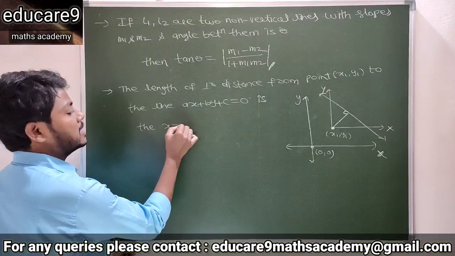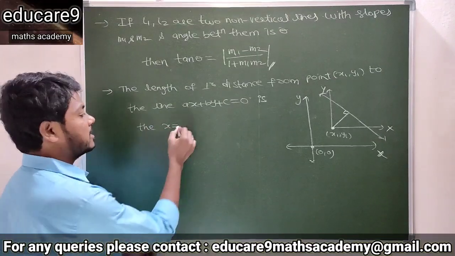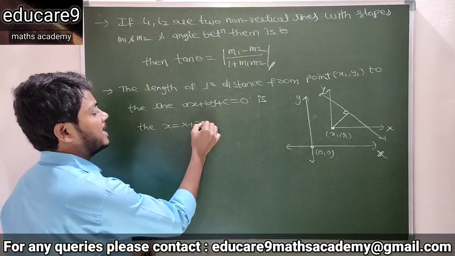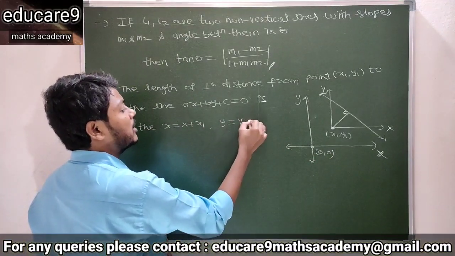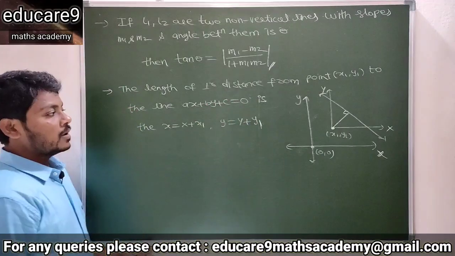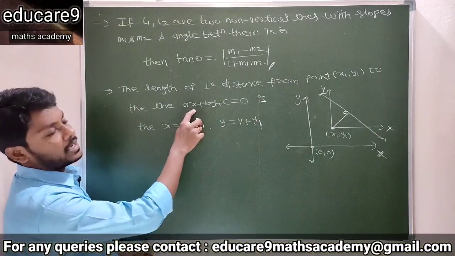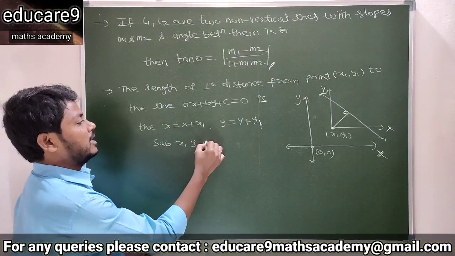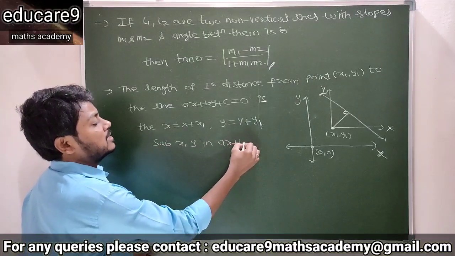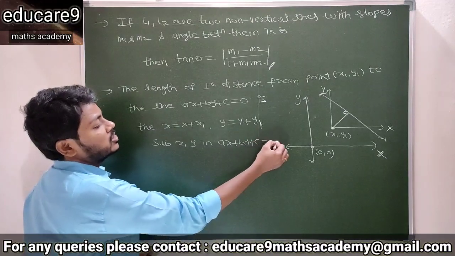what is small x? Capital X plus h, so capital X plus x1, and small y is equal to what? Capital Y plus y1. So now substitute x comma y in the given equation ax plus by plus c is equal to 0.